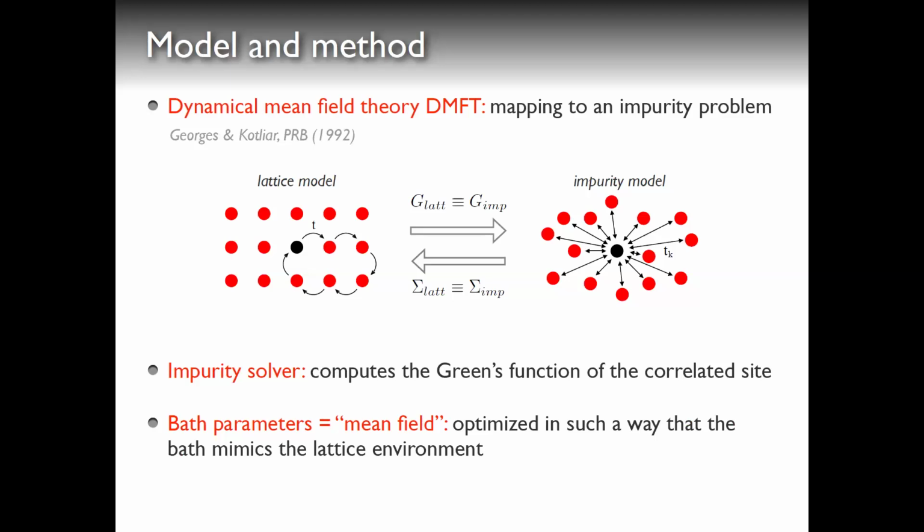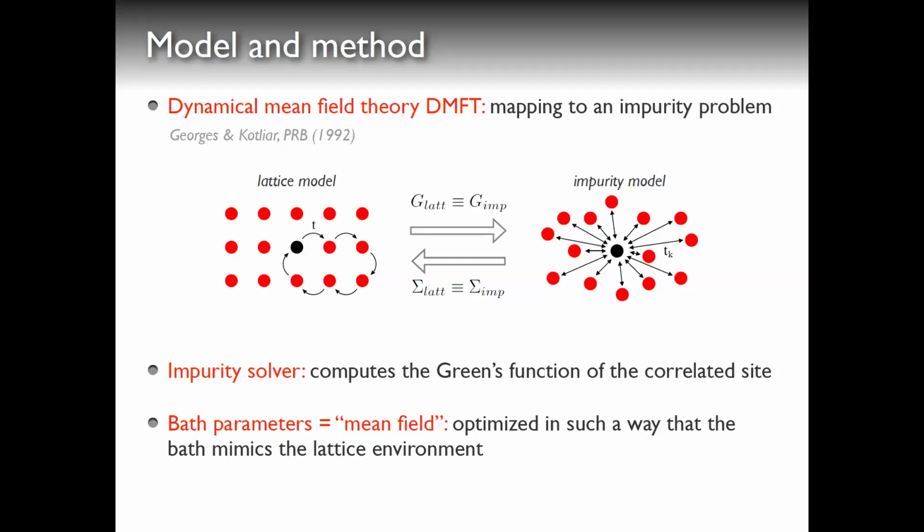Dynamical mean field theory is an attempt to devise a similar type of mean field description for a correlated fermionic lattice model like the Hubbard model. Again, we map the lattice problem to a single-site effective model, but this model is more complicated. It is a so-called quantum impurity model where we have one correlated site embedded in an uncorrelated bath of electrons.